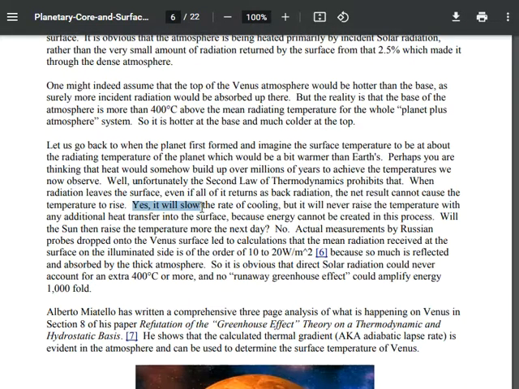That's silly. Of course it can. If you allow heat into a system and you don't allow heat out of the system, the temperature is definitely going to rise. He says, yes, it will slow the rate of cooling, but it will never raise the temperature with any additional heat transfer to the surface.